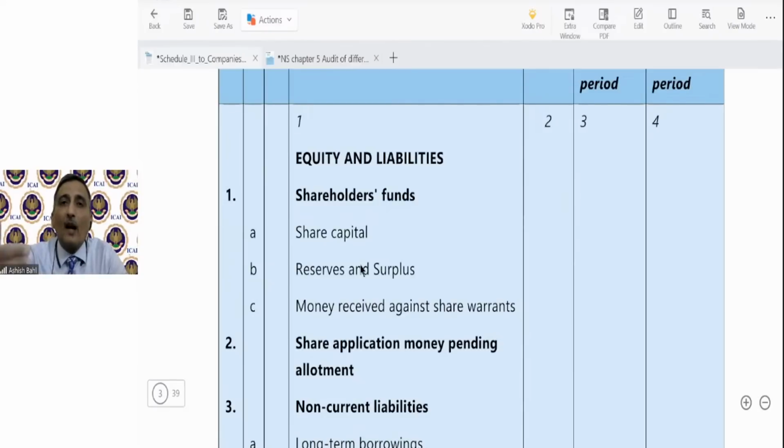So what are the requirements which are specified in law in the context of companies, which are to be disclosed in the financial statements of a company. So Schedule 3 Division 1 deals with all these aspects.